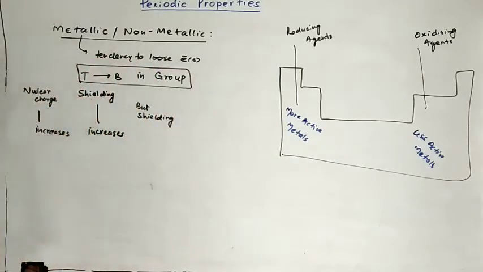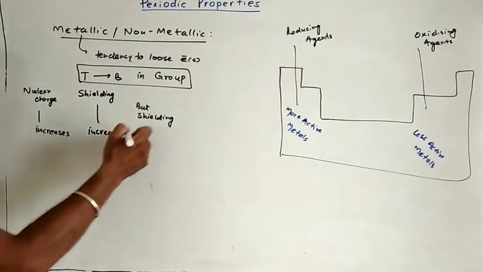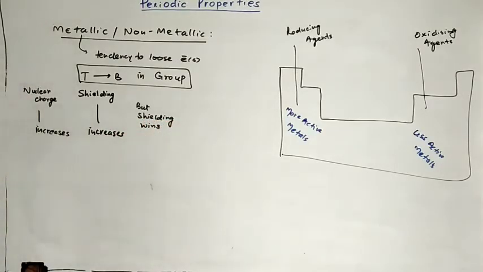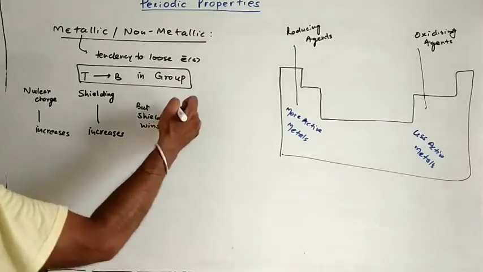Nuclear charge increases because atomic number increases, shielding also increases. But the effect of shielding is dominating.